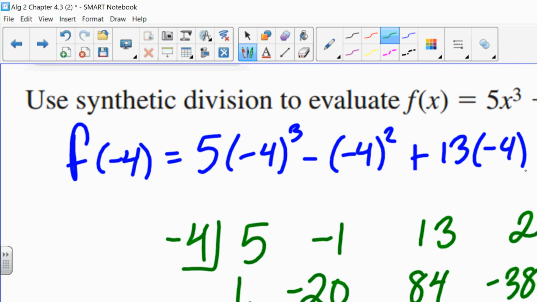What did we evaluate this at a minute ago? Those are going to be the same. So the remainder ends up being the exact same as if we plugged it in for x.